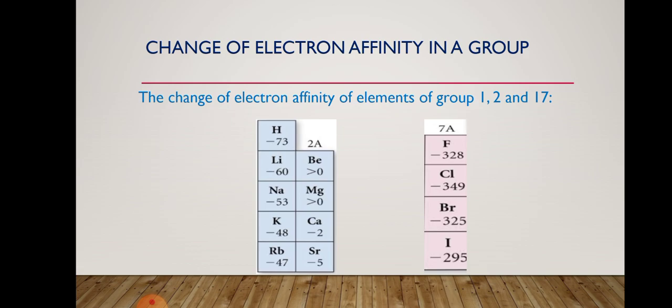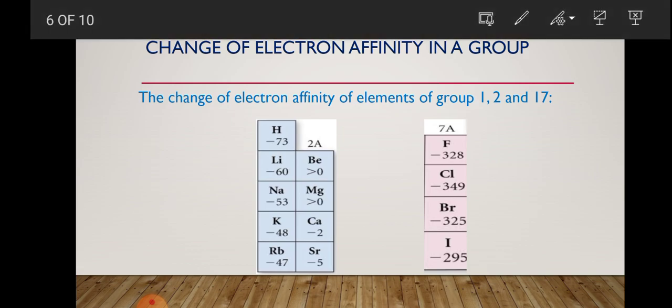If you look at this picture carefully, you can see that electron affinity decreases as we go downwards in a group. Now I will give an explanation of it.